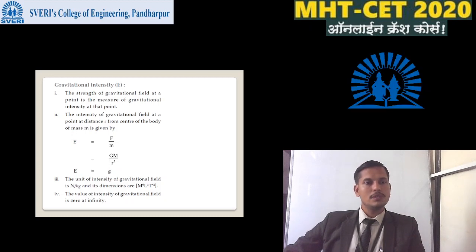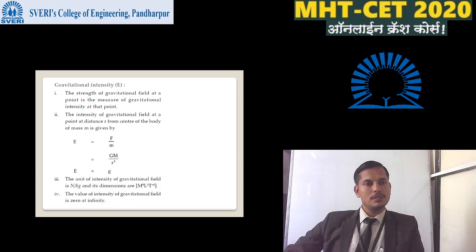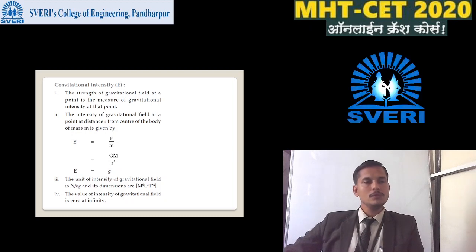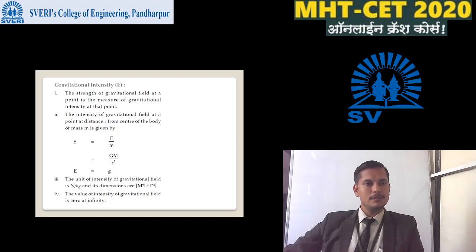So these are the points. Let us check one by one. So gravitational intensity is nothing but the strength of that gravitational field at a particular point. That is called gravitational intensity. How can we determine it?